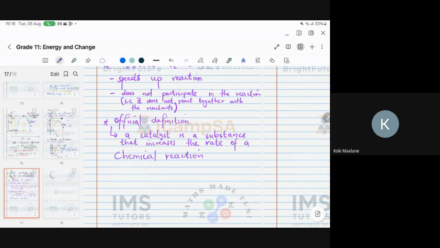But remember, we said itself, it does not necessarily participate in the reaction. What that means is it doesn't undergo any permanent change.